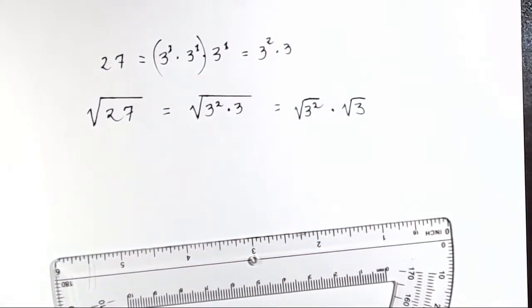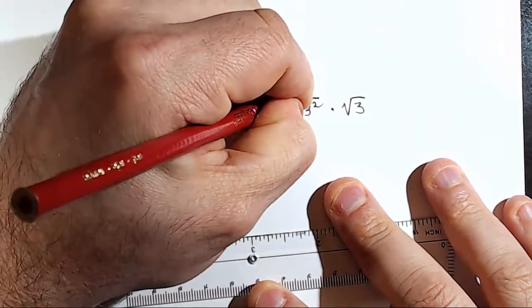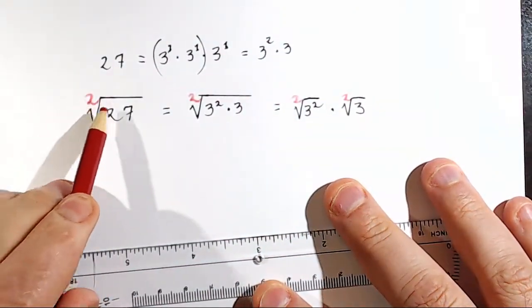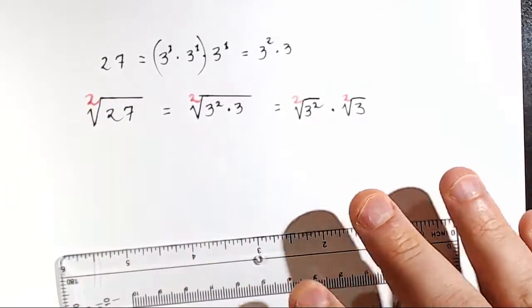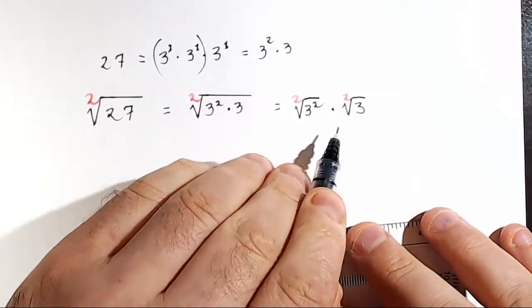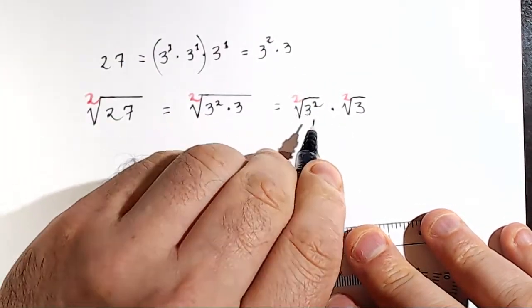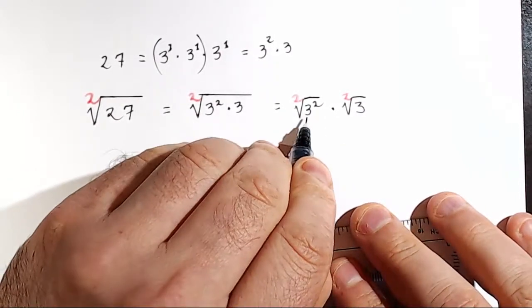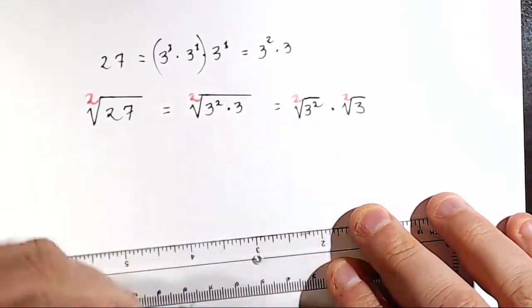Now, this is important to remember. The square root is actually the second root. In a previous video, we talked about index values, and the index value that is not written in a square root is 2. So, let's look at this right here. When we take the square root of a number that itself is squared, then we just write the number. So the square root of 3 squared is just 3.